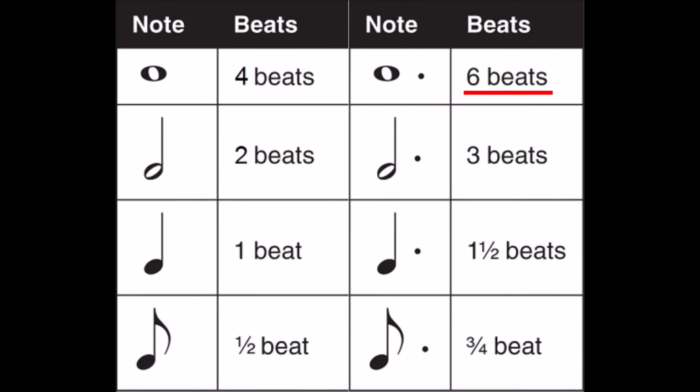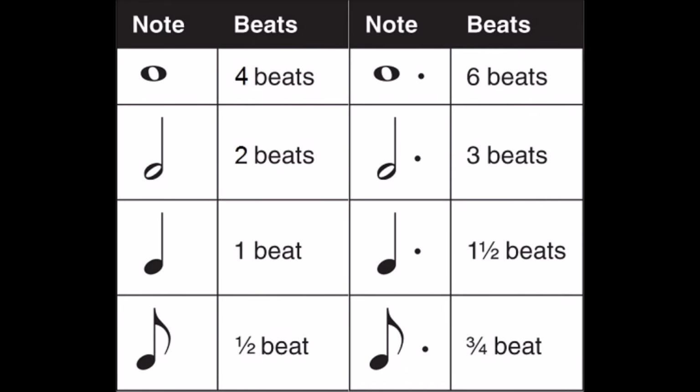If a dot is added to the right side of a quarter note, you must add half the value of a quarter note. The value of a quarter note is 1. Half of 1 is half.